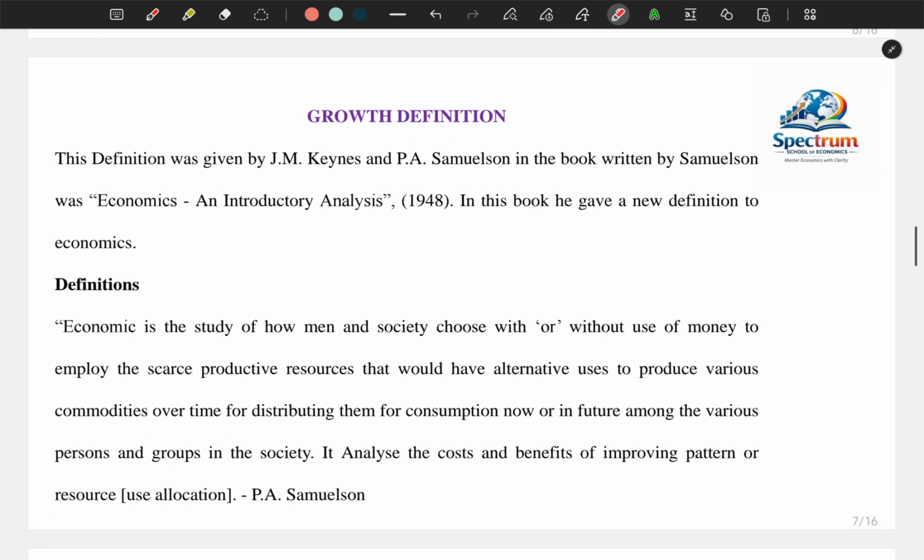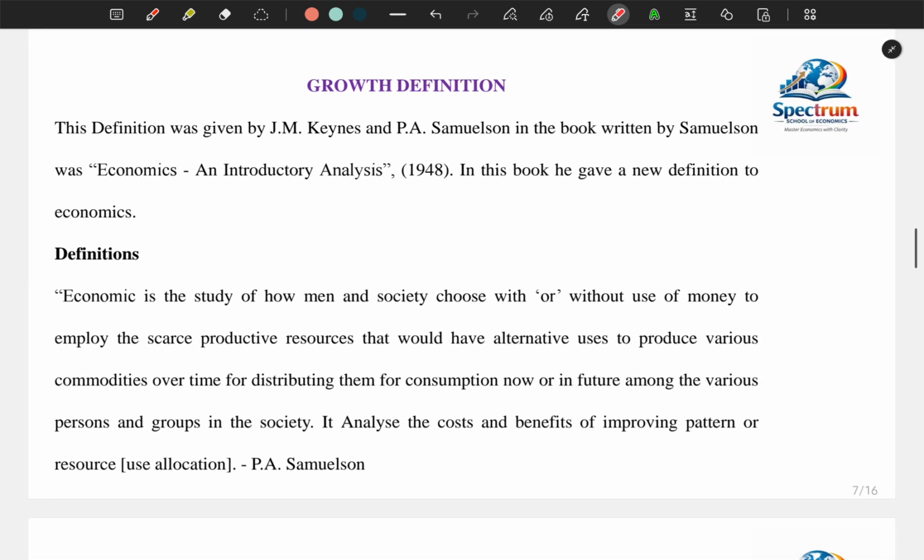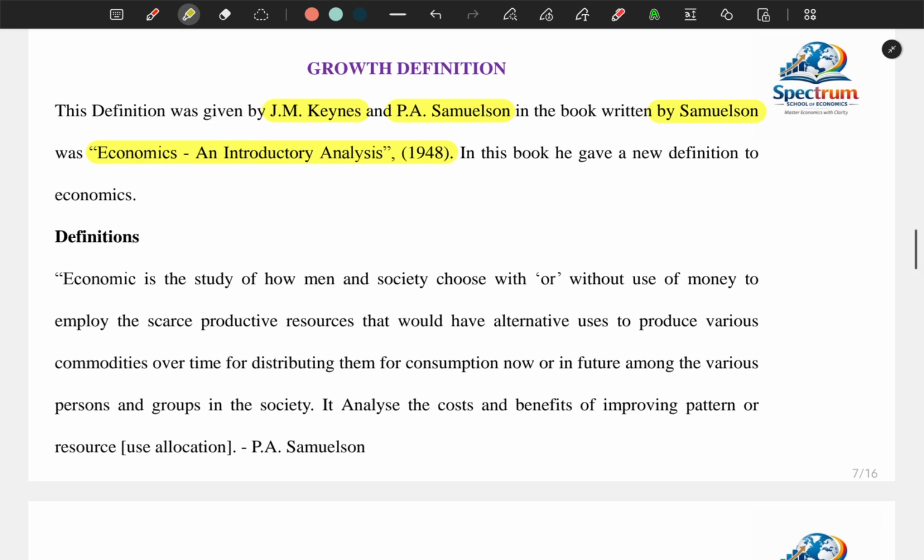Then the growth definition. This growth definition was given by J.M. Keynes and P.A. Samuelson, and the book written by Samuelson was Economics: An Introductory Analysis, in 1948. In this book, he gave a new definition of economics, the growth definition.